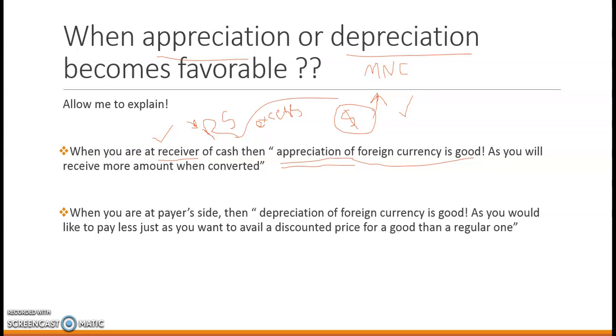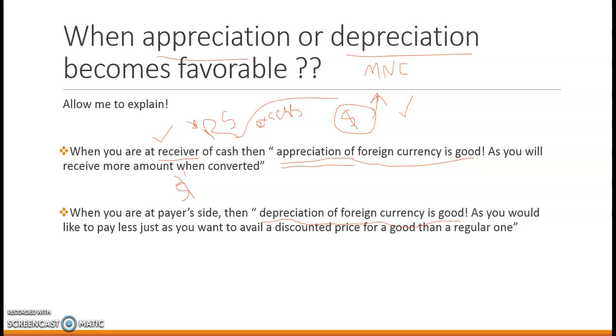Okay, and when things become reciprocal, when you are on the payer side, suppose you bought something from the US and you now have to pay dollars to the US. Now your focus will always be that the currency on the other side, where you have to pay, should be depreciating or depreciated, because it will be good for you.